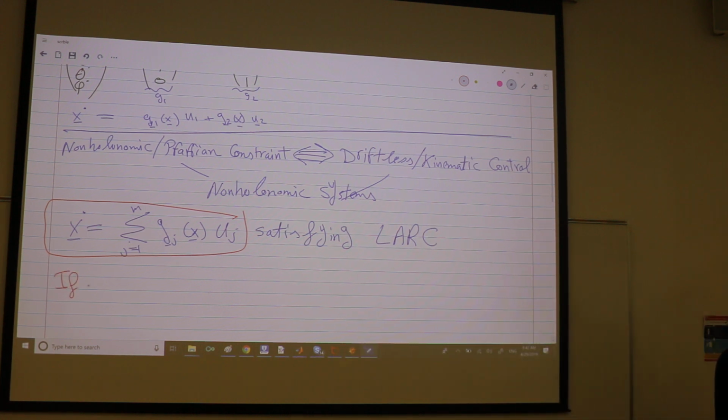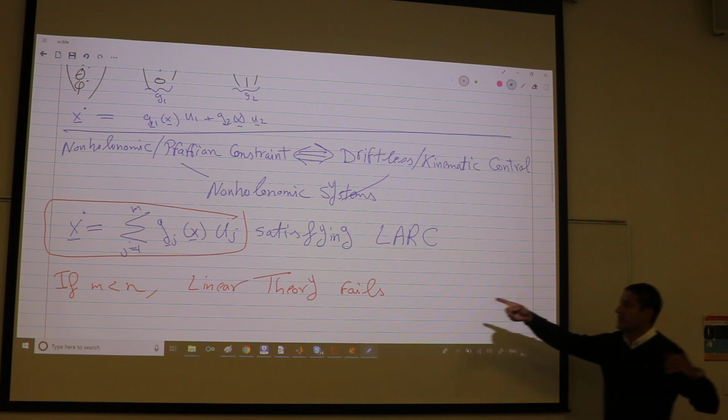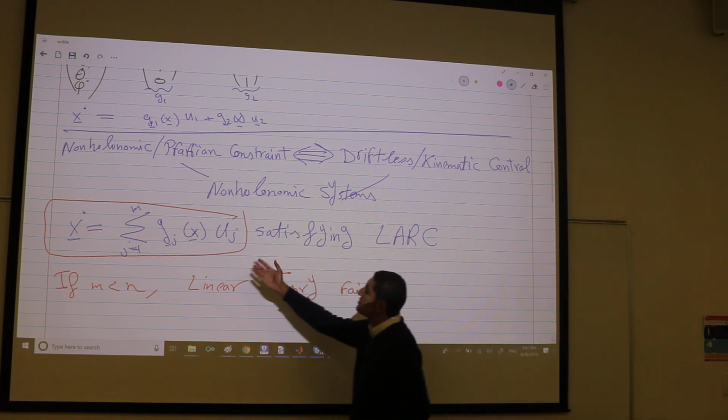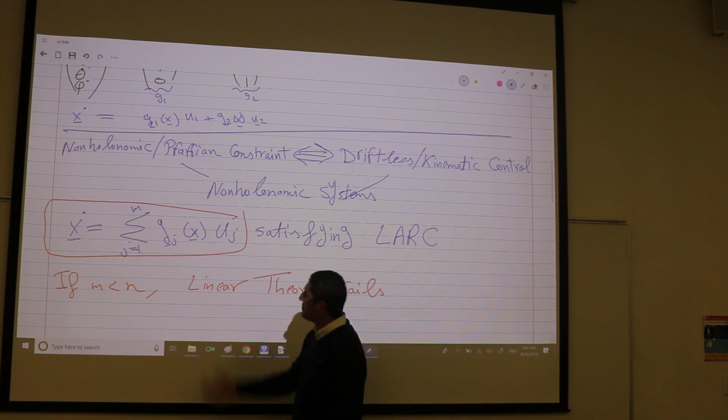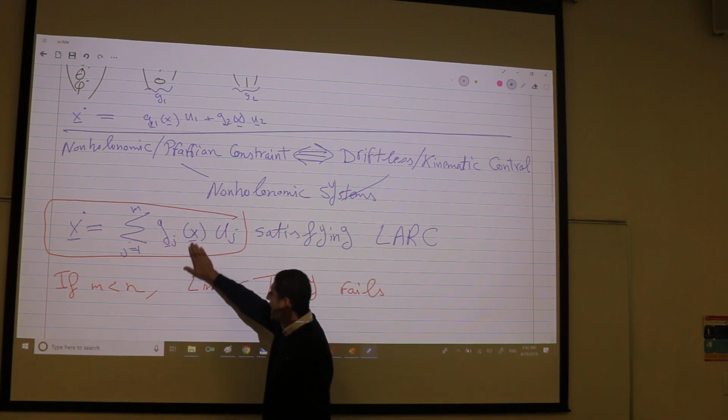And if M is less than N, which is the typical case, otherwise it's too luxurious to deal with, then linear theory fails. All that we have from linear control theory will not work here. Simply the system is uncontrollable. If you check the controllability of this system, linearize around the origin. So obviously you're going to just restrict these at the origin.